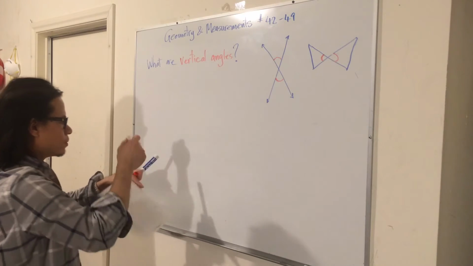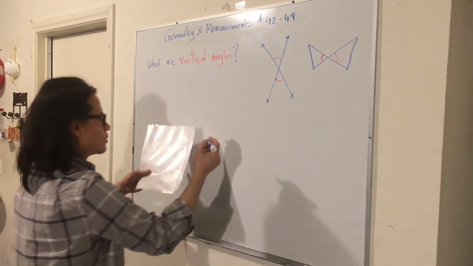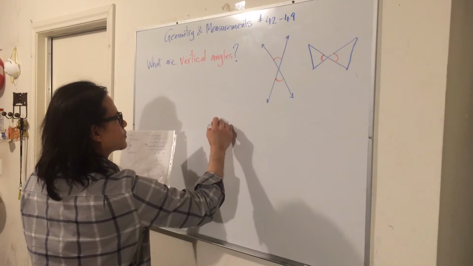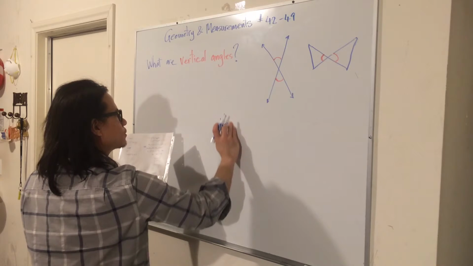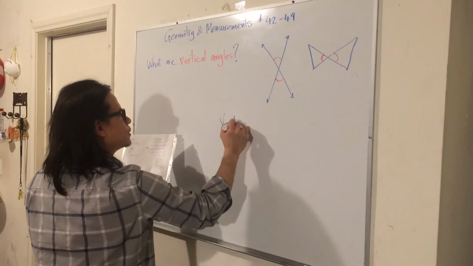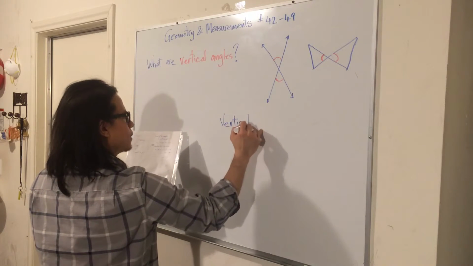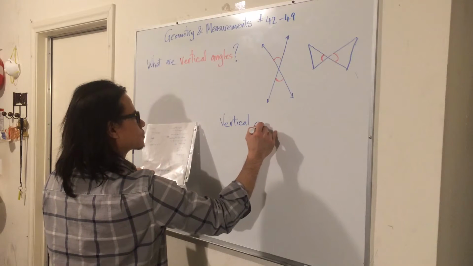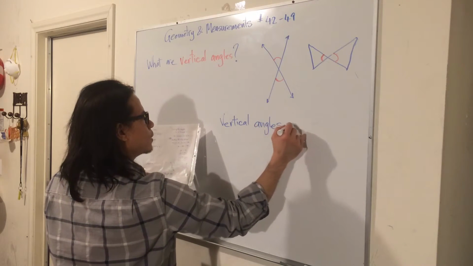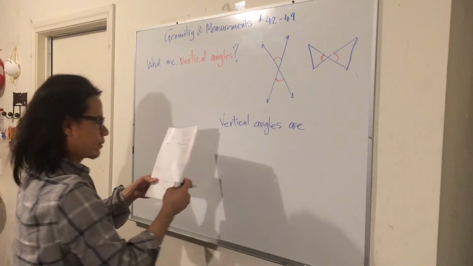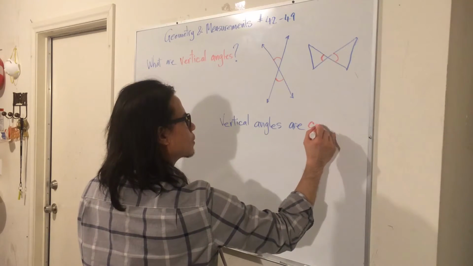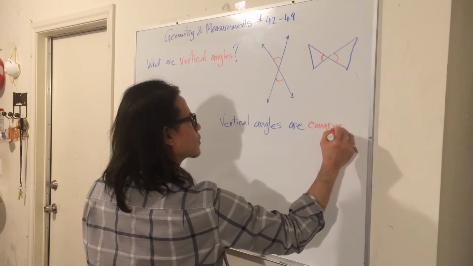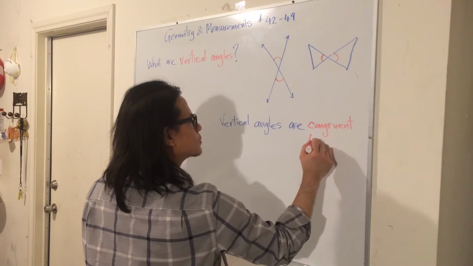So what I would like you to get out of this is that it is a fact that vertical angles are congruent, meaning they are equal.